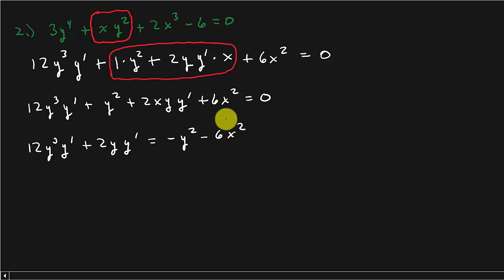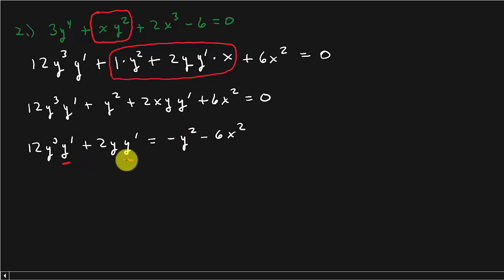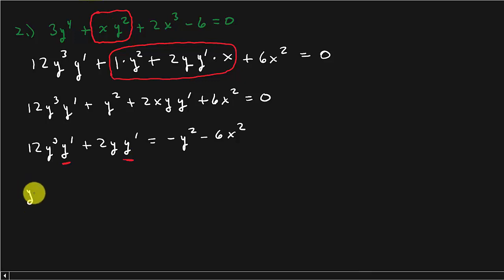I just moved the y squared and the 6x squared to the right hand side. And now look at this. I have a common factor of y prime. I can factor that out. So I've got y prime times 12y cubed plus 2xy is equal to negative y squared minus 6x squared.